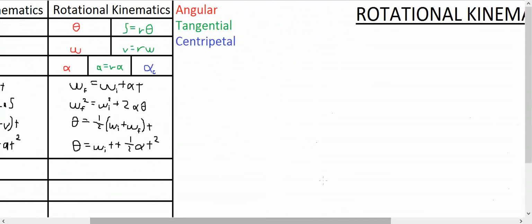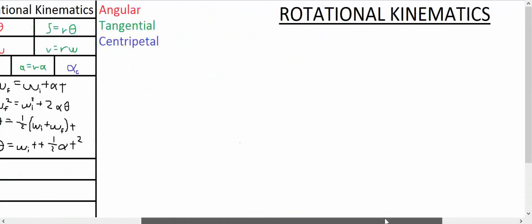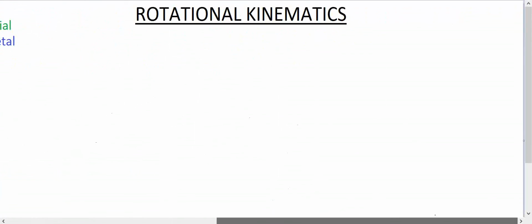Use the ball and string example from just now. So the ball is on a string rotating around an axis of rotation.